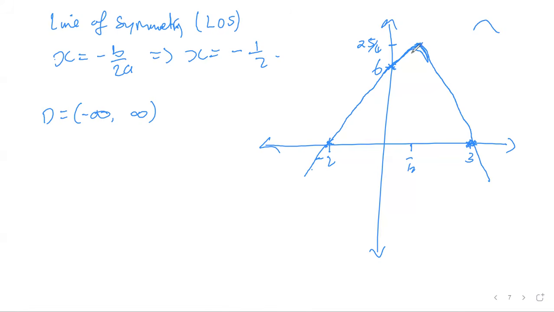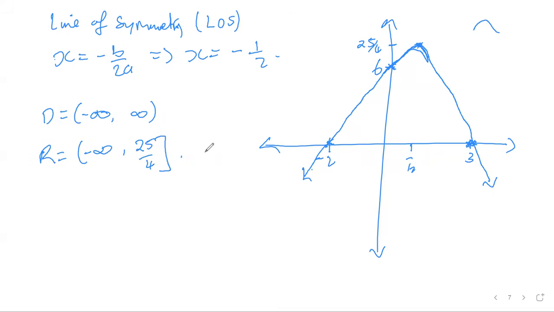So the y values come from minus infinity, going down, down, down, more and more negative, to that point, which is 25/4.